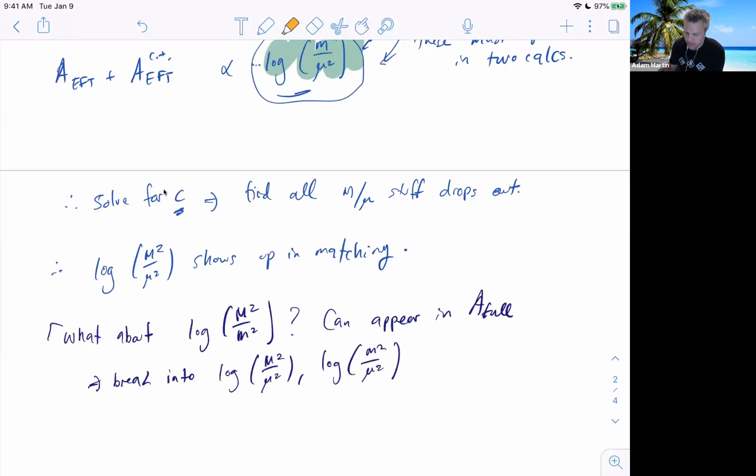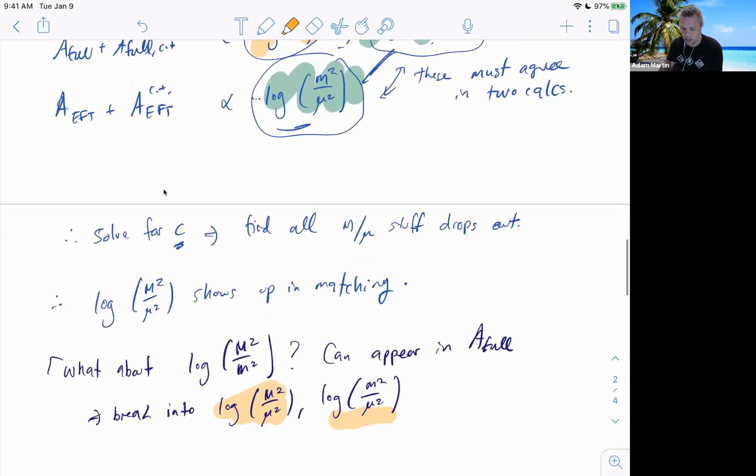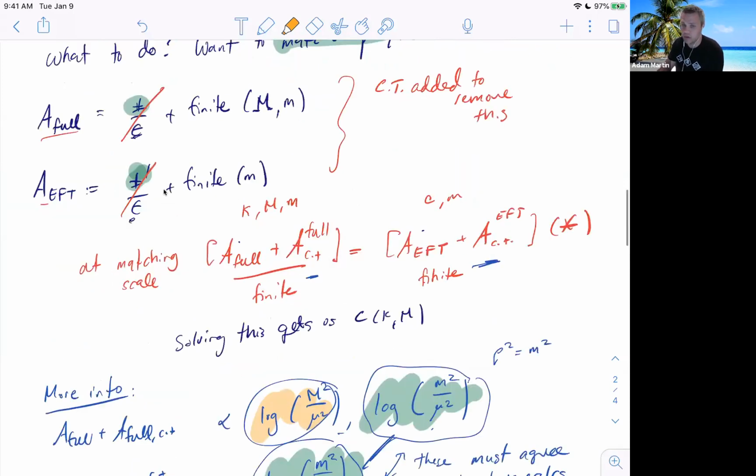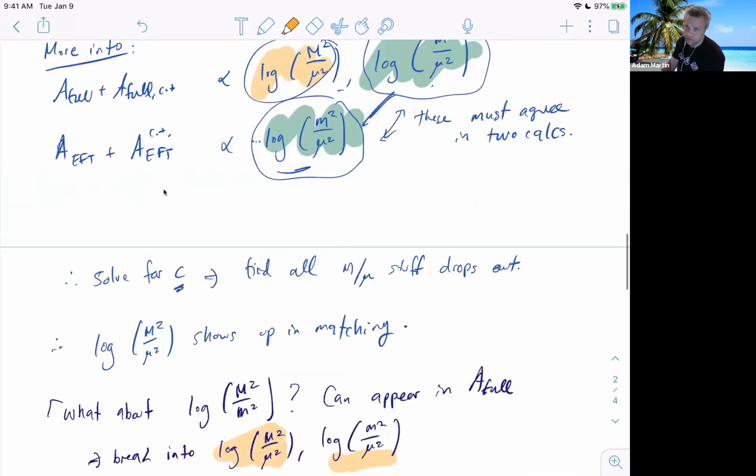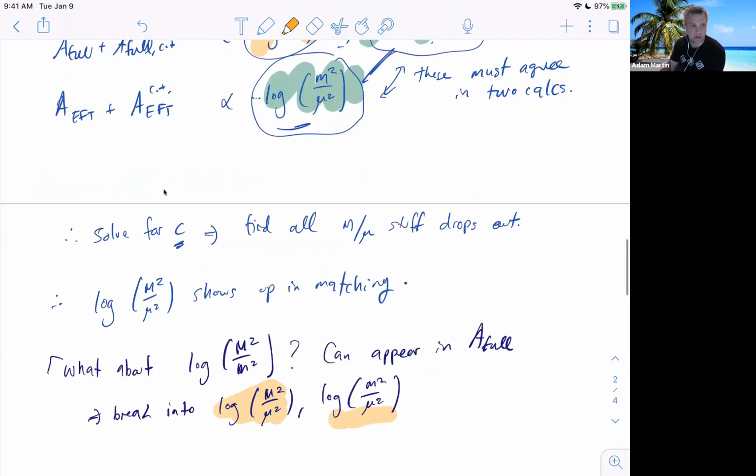This piece goes to matching. That piece is left. Exactly how this goes, I'm not going to show. This actually does not happen in the simple theory that I've written down right here, but it is something that can happen when you're studying general EFTs at loop level.